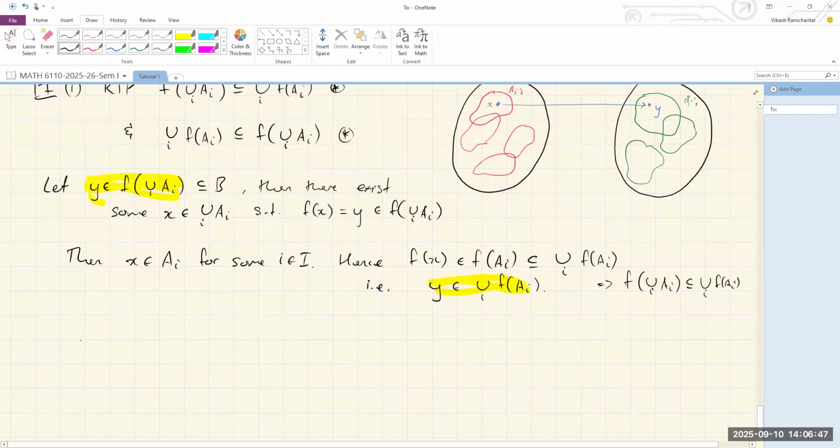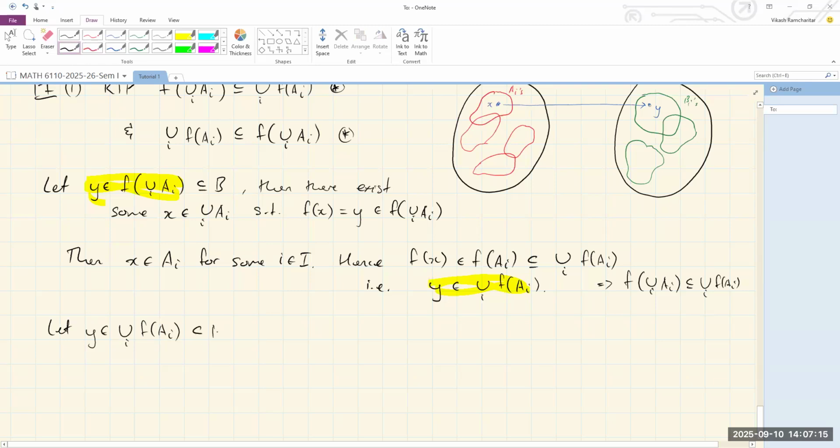So the second inclusion, again, we let y belong to the union of f of Ai.